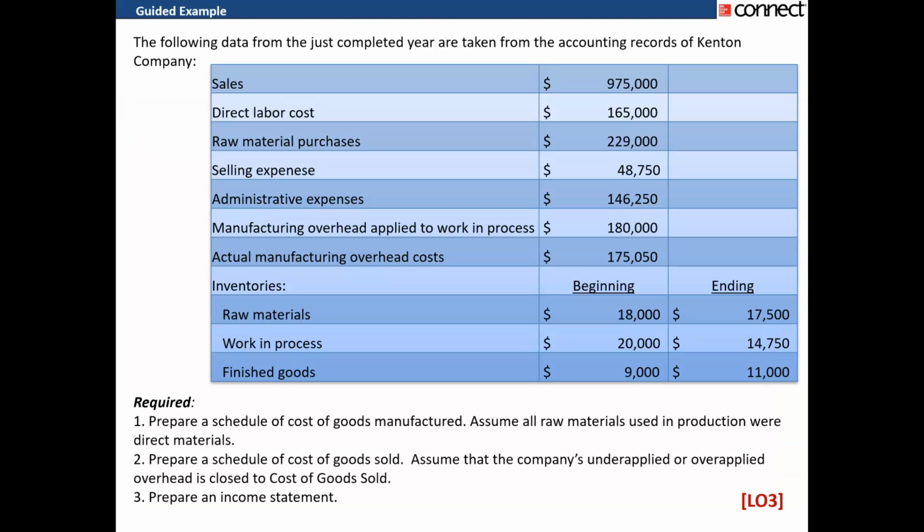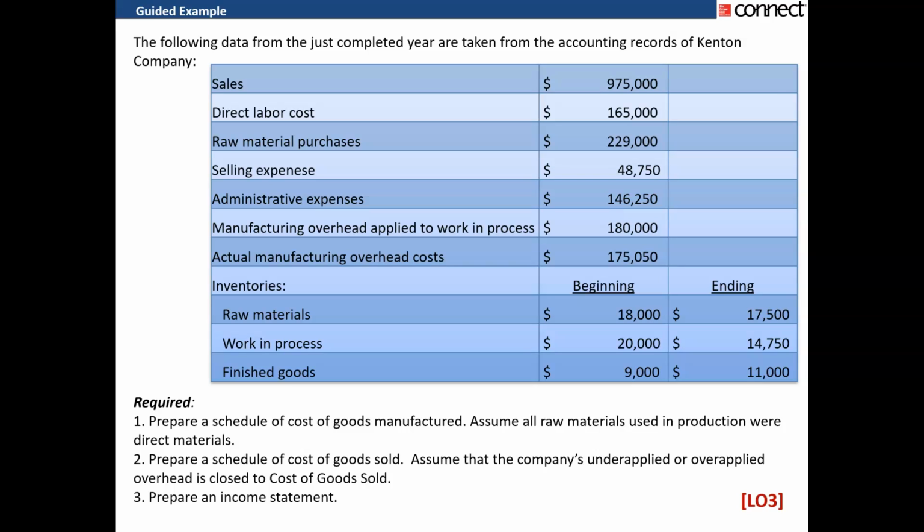Okay. Now, in the second example, we're going to do a schedule of cost of goods manufactured and a schedule of cost of goods sold. The information that they give us is the sales, the direct labor cost, the direct material purchases.